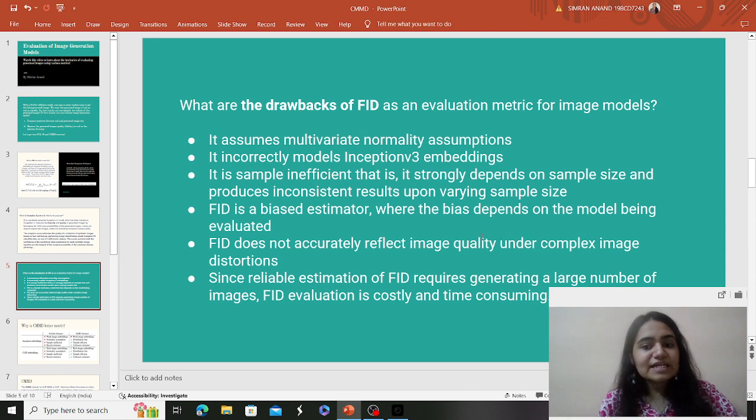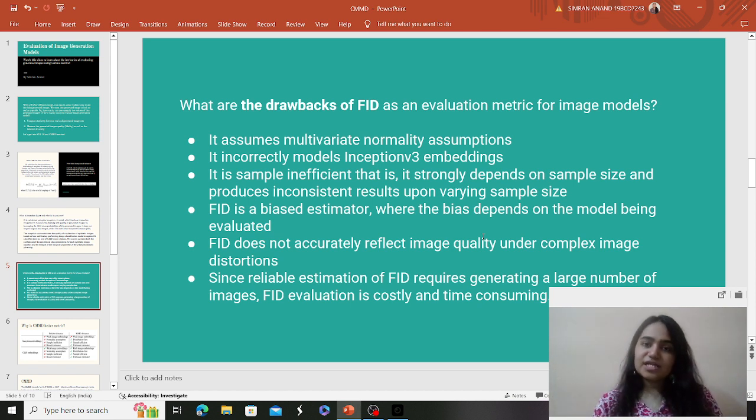FID does not accurately reflect image quality under complex image distortion. That was exactly what I was saying. When you have a distorted image, that is, you have added a lot of noise into your image, how do you think the FID is going to perform? The FID is not going to give you accurate results. Even if there is distortion, FID will not go up.